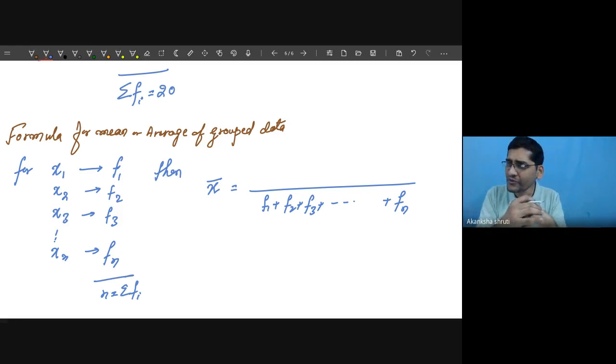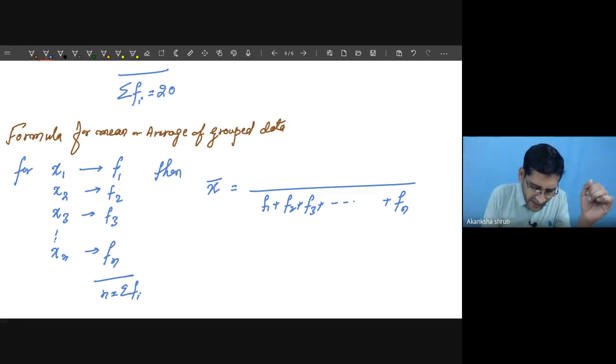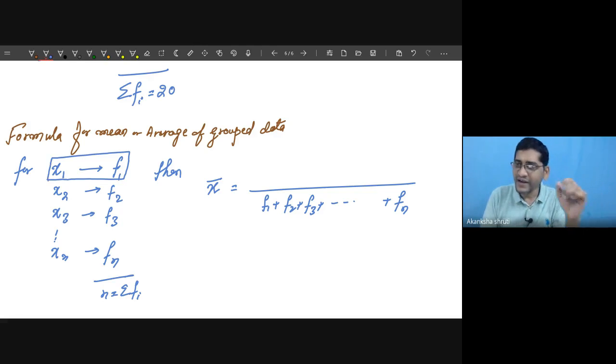But what is the value of the observations? Students, here x1 is occurring f1 times. So what is the value that x1 contributes in the entire data? Since x1 is occurring f1 times, the value x1 can generate is x1 f1. Means for the entire data, the total value is obtained like this.